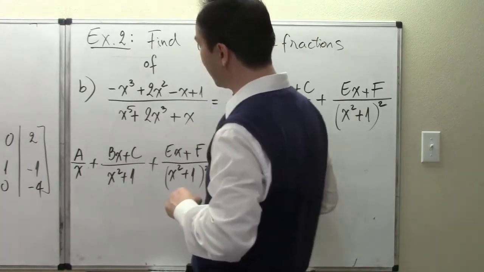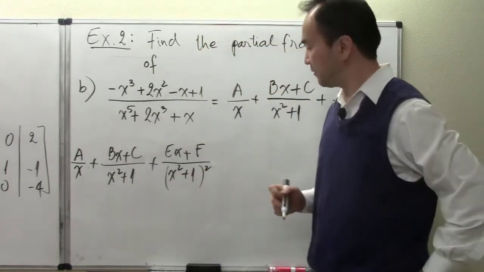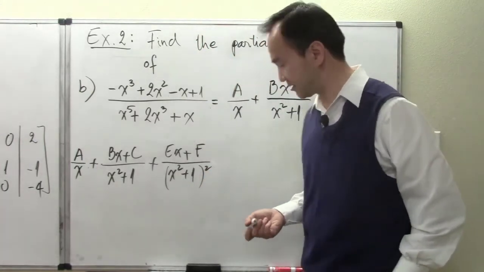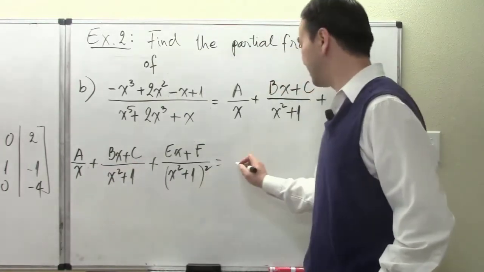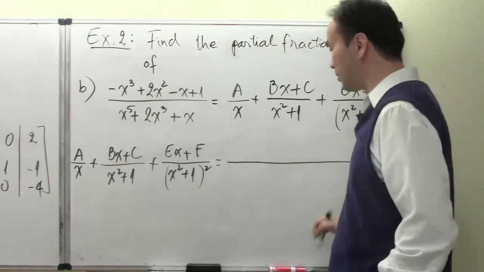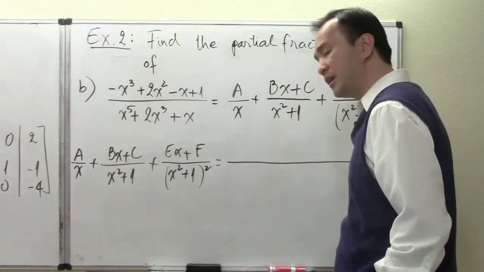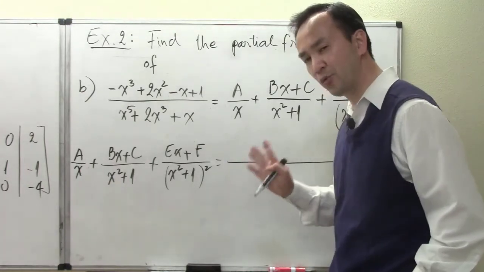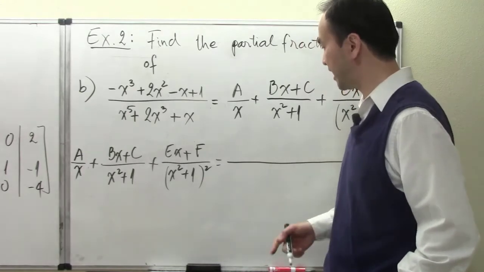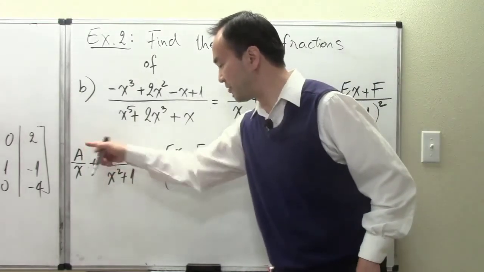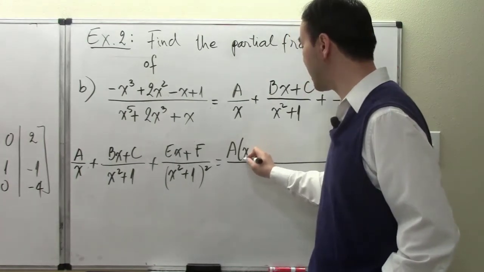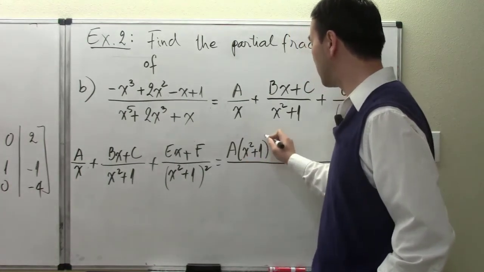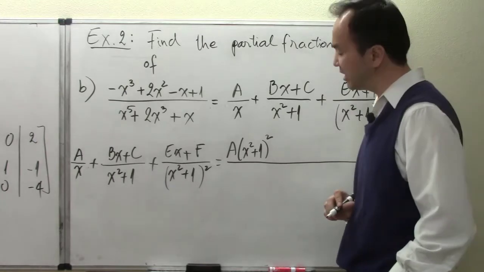If we were really adding all of those 3 partial fractions together, then we would need to take common denominator. And so when we take common denominator and combine the 3 partial fractions together into one fraction, what do we expect to get? For the first term, the A coefficient, I need to multiply that with the complete x squared plus 1 all squared. That's what I need to do.